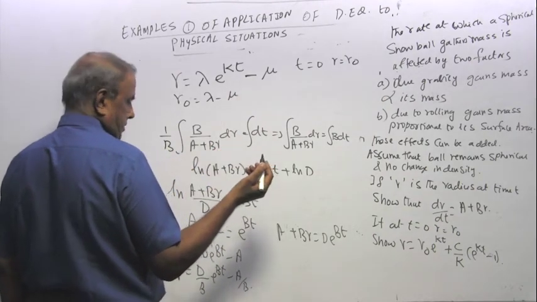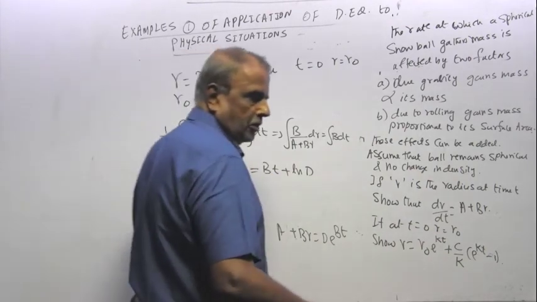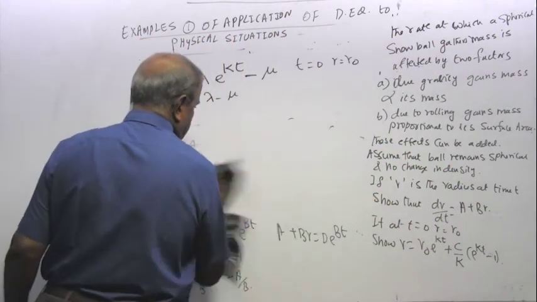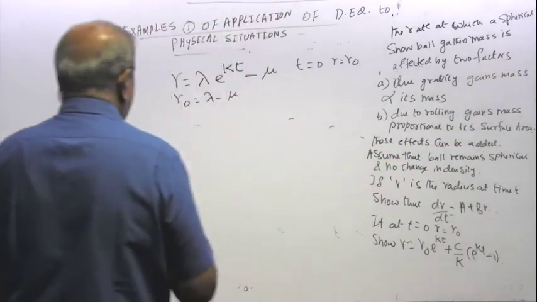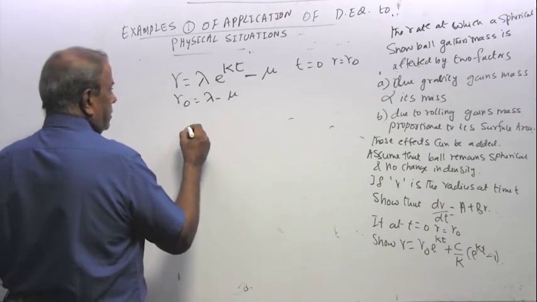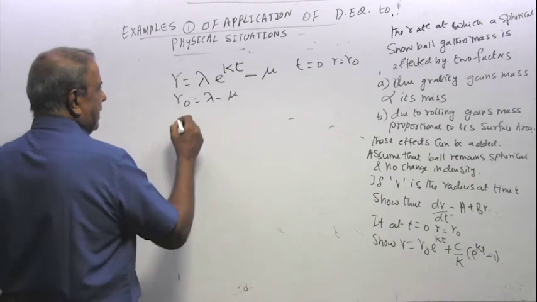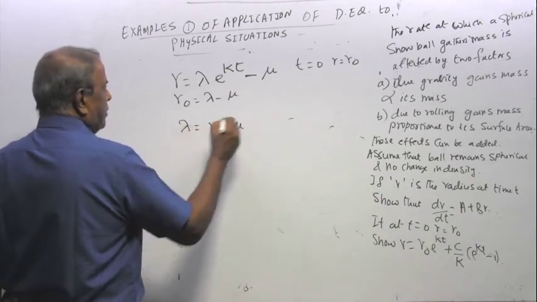Okay. So what will r become now? What do I want? I want r naught e power kt. So therefore lambda equals r naught plus mu.